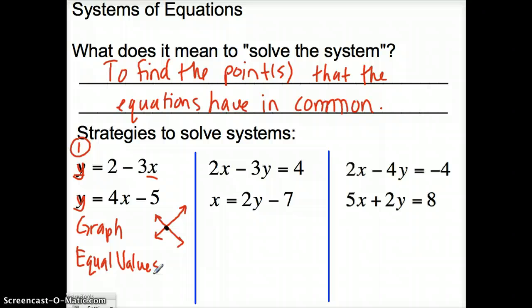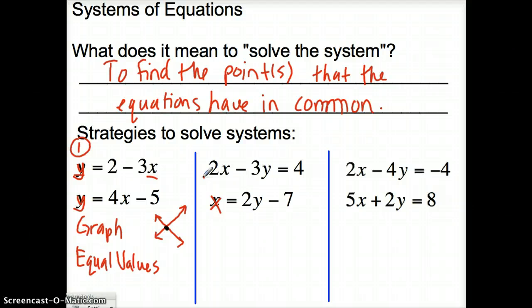The second strategy that we need is for cases where y is not alone. In this case, we have x alone in one of the equations, but x is not alone in the other one. So we cannot use equal values or graphing very easily.